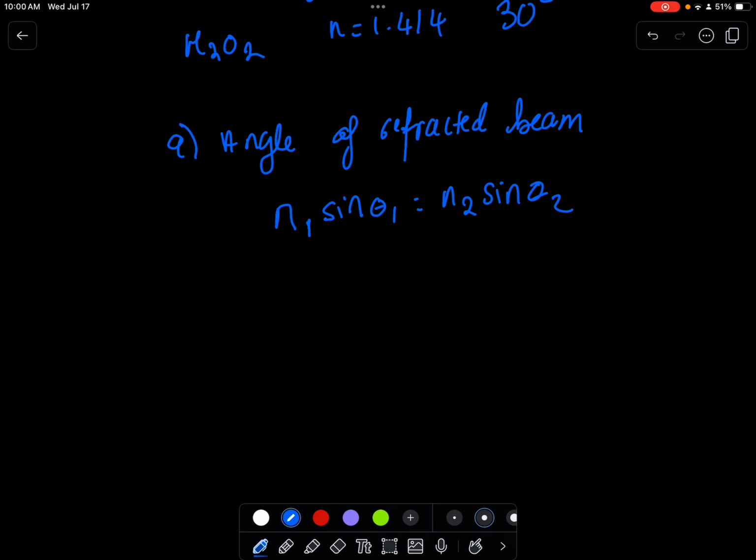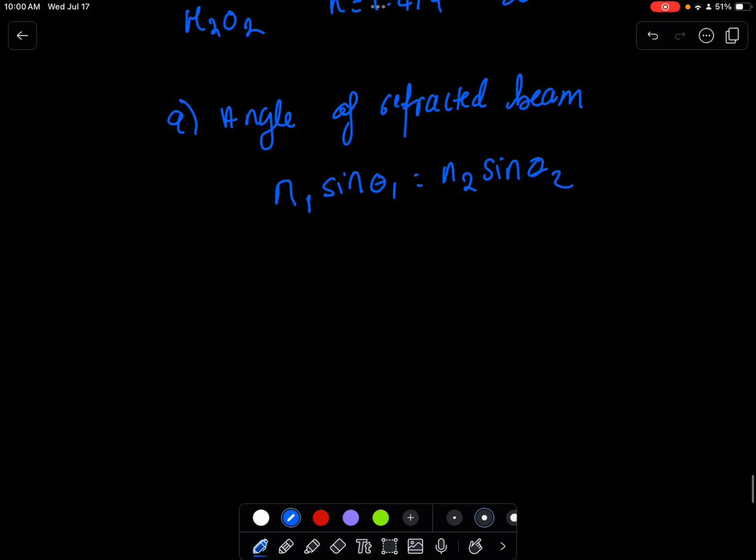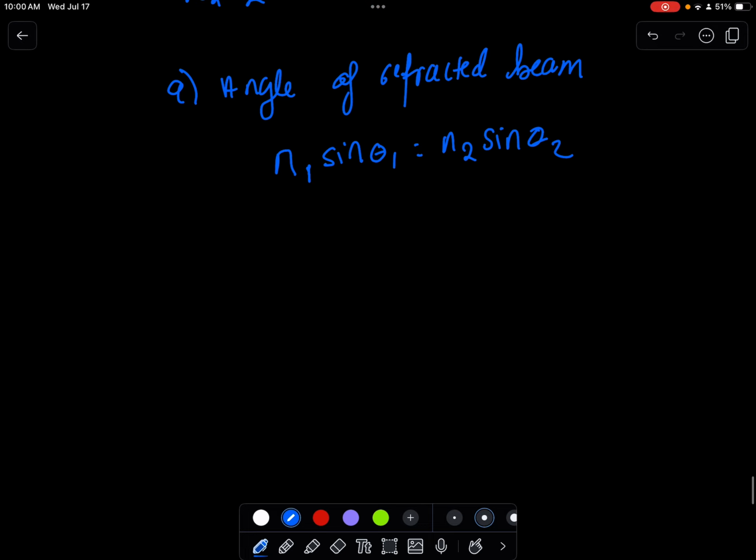But here's how we can think about it. Snell's law is simply saying that if you multiply the refractive index of air or a vacuum, which is typically the case you see it in, but it could be any other case. The cases where Snell's law is applicable, by the way, are quite diverse, because you can also use Snell's law when light goes from a slower medium to a faster medium.